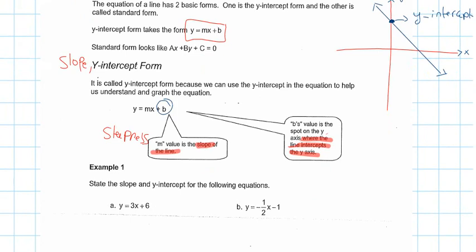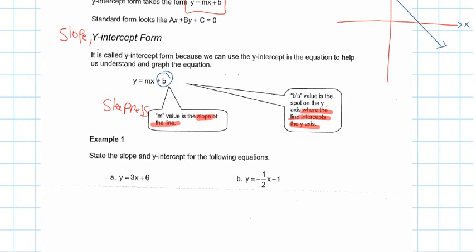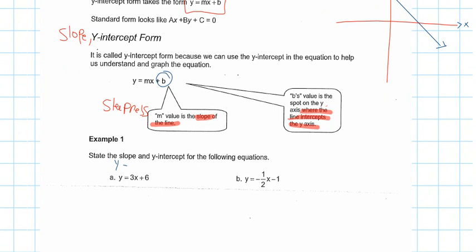So, the equation is y equals 3x plus 6. Does this look like y equals mx plus b to you? Does it have the same format as this? Yes. Y is by itself. You have the equal. You have a number times x plus a number. Okay?